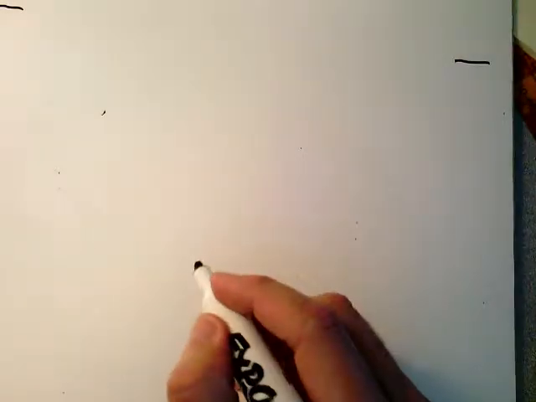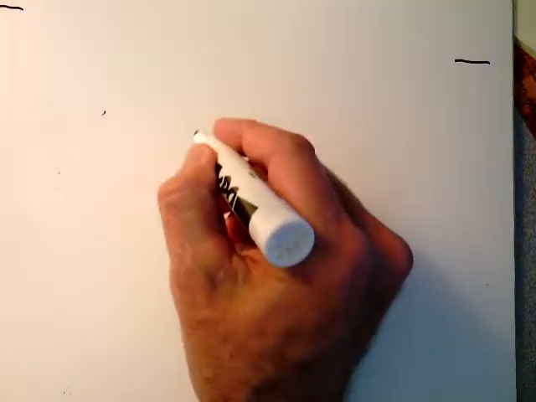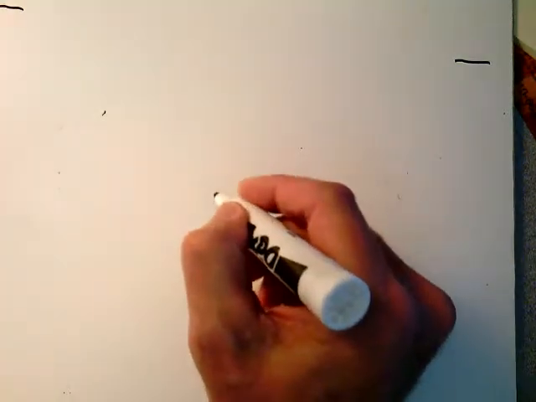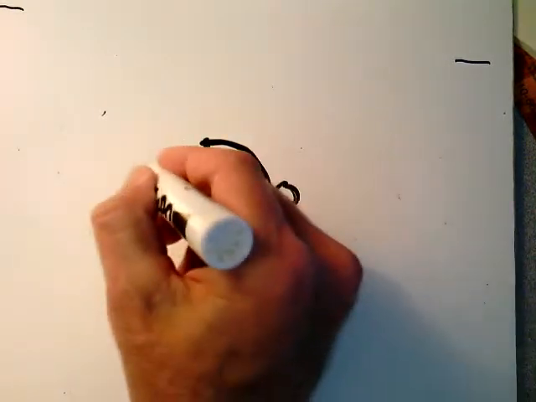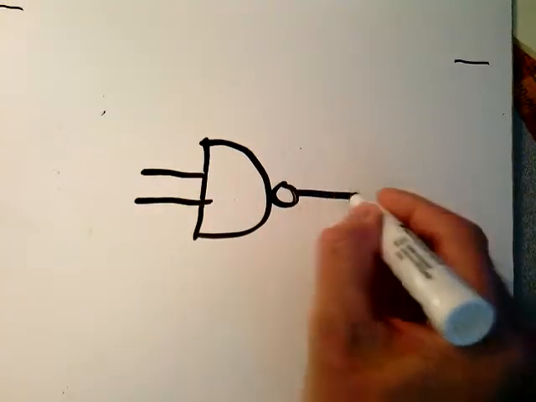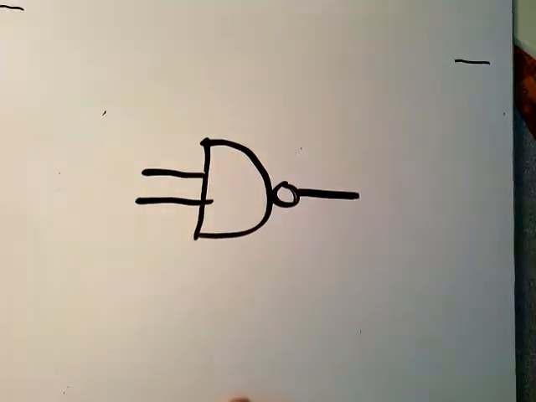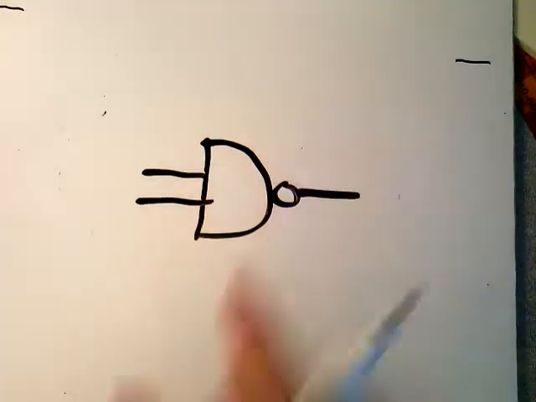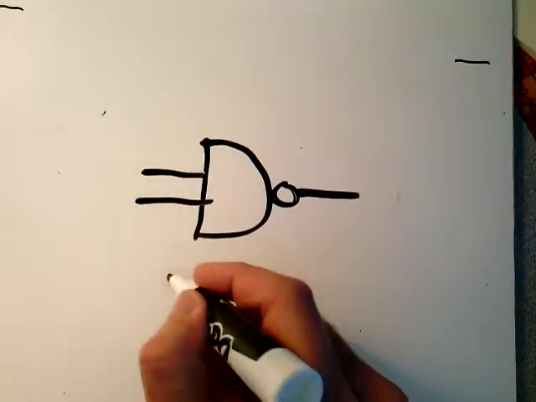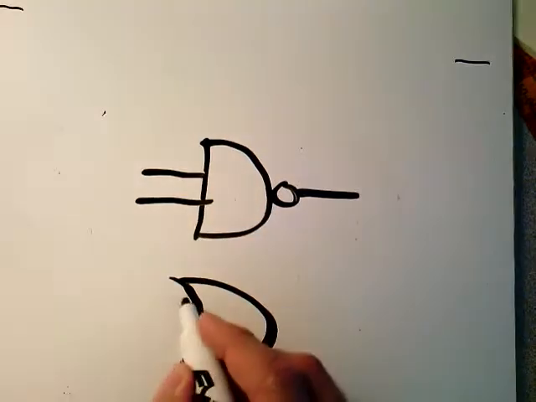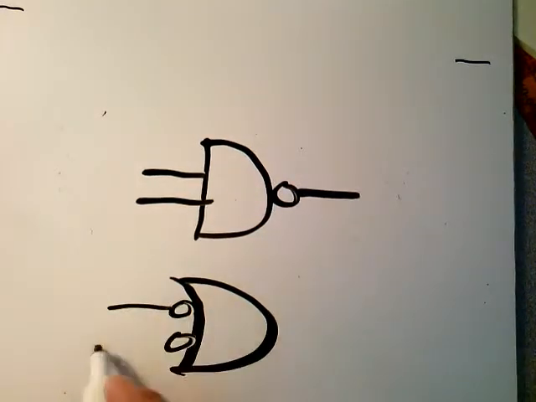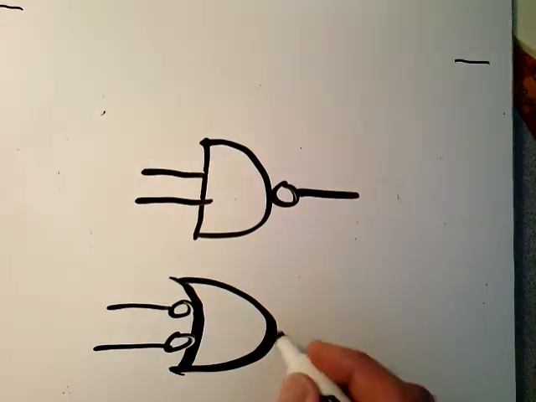Basically, you have a NAND gate, and you want to make an OR gate. How are you going to make an OR gate out of that? Well, remember the other form for this gate. You change the basic gate from an AND to an OR. You invert the inputs, and you invert the output.